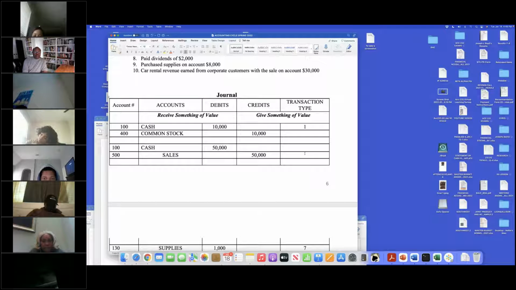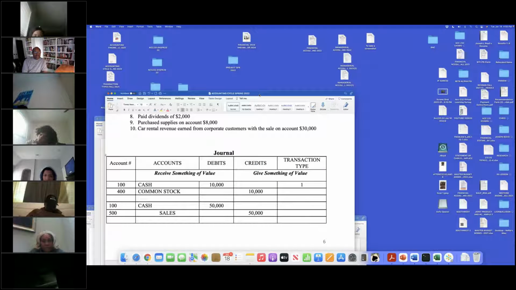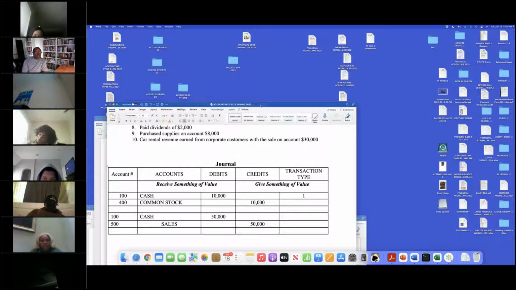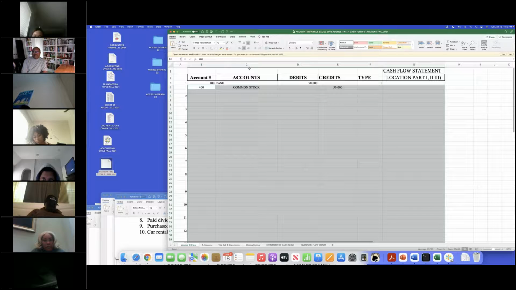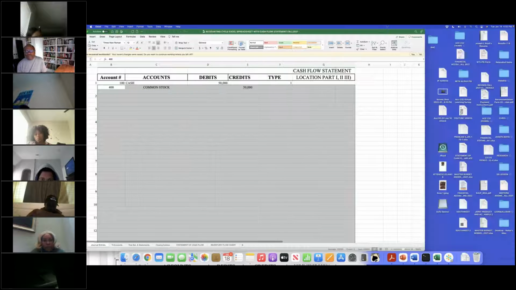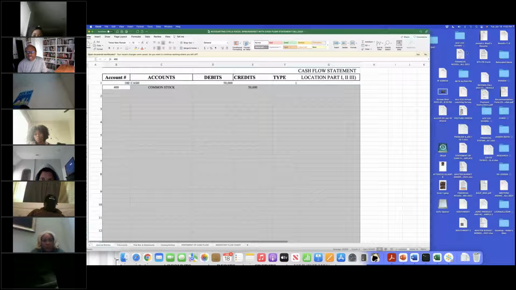Okay, so let's look at another thing that we'll be doing in the course. When we do things like this, we will be using an Excel spreadsheet. Can you see the sheet all total? Yes, we can see it.